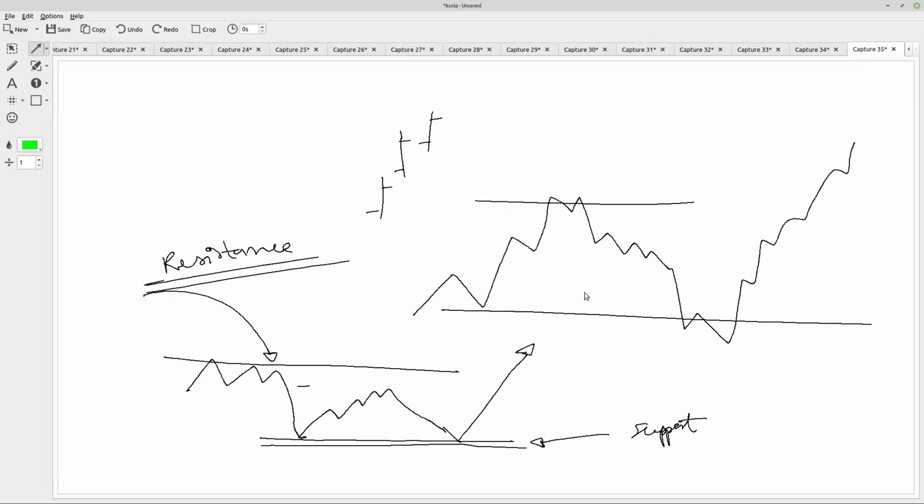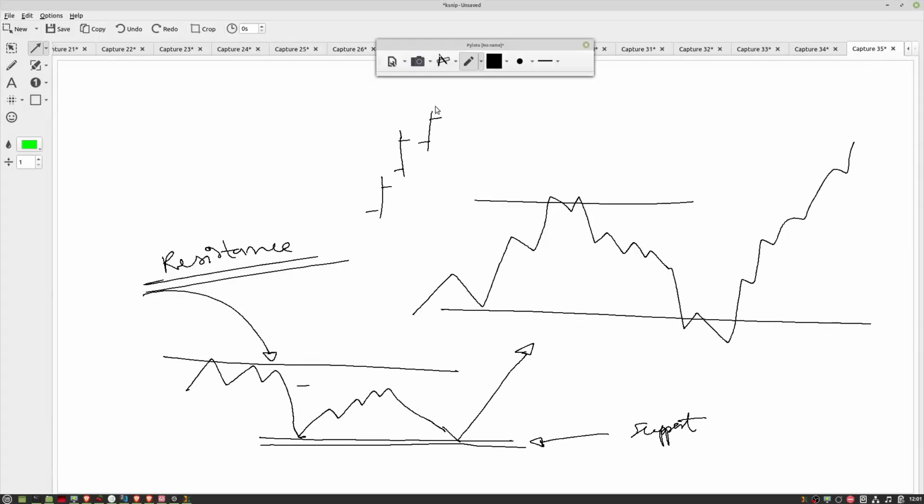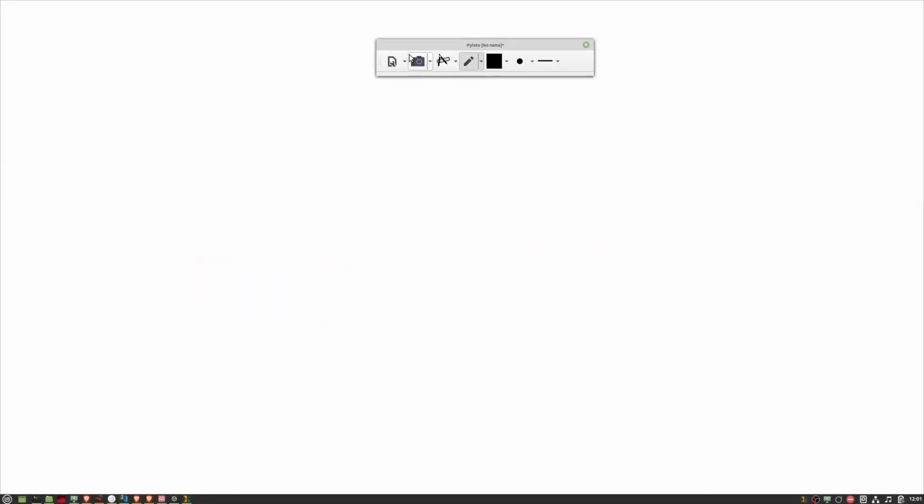Okay, so on daily time frame, suppose this is a daily candle. Okay, this is a daily candle. And the properties for this are: this is open, this is close, this is low, and this is high.